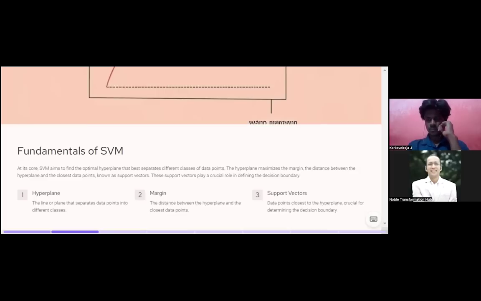Then you have margins, the distance between the hyperplane and the closest data point. That is the margin. So what is the margin between the hyperplane and the closest data point? That is what the margin is. So you know the definition of margin. And margin is always, you can say, the freedom between two different things, right?